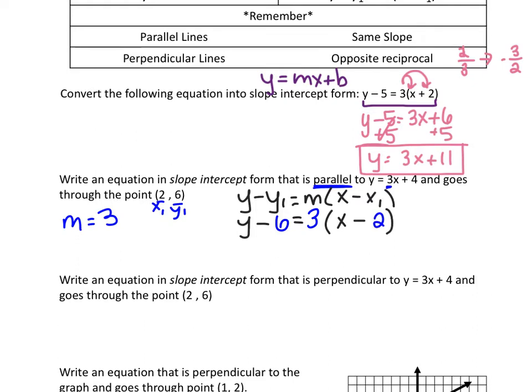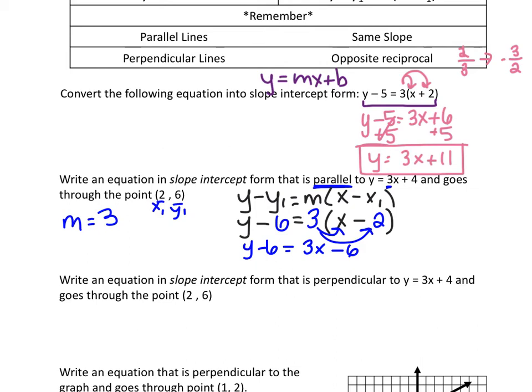So we have our information in point-slope form, but remember it's asking us to write it in slope-intercept. We have to get our y by itself and just clean up these parentheses. So do what we did before. Distribute out. We're going to get y minus 6 equals 3x minus 6.